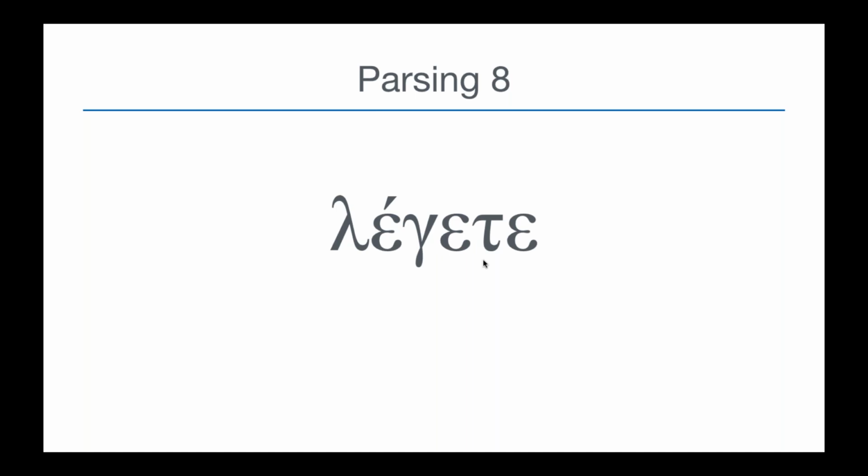I'll do these last couple for you. So, legete. Legete is a second person plural, present active indicative from lego, which means you all are saying. That'd probably be easier.